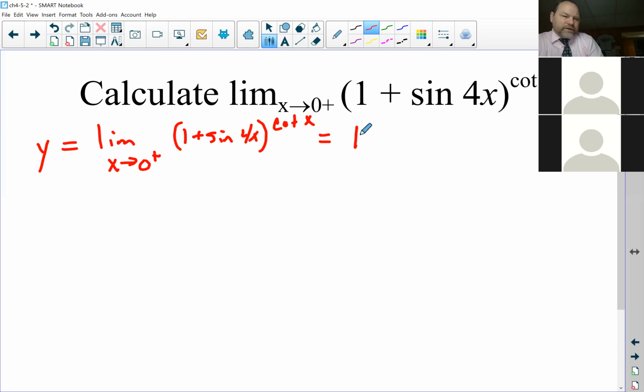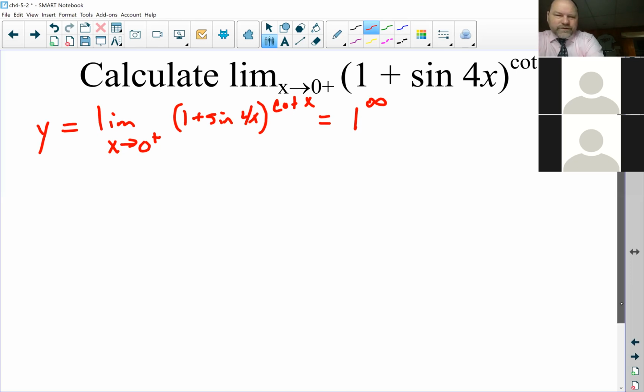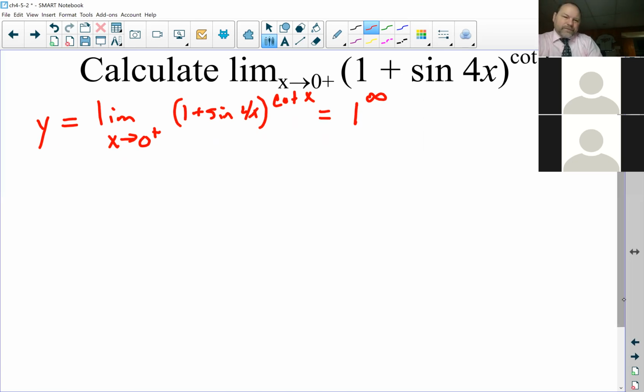Cotangent is cosine over sine. So cotangent at 0 would be 1 over 0, or infinity. So that is one of our indeterminate forms. It's an indeterminate power. So take the ln of both sides.